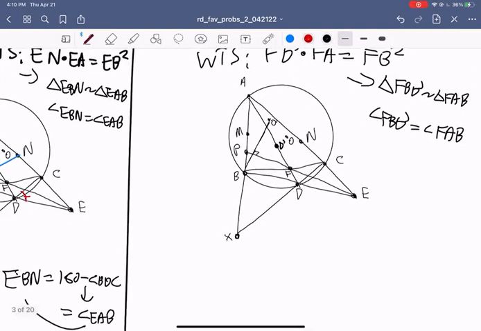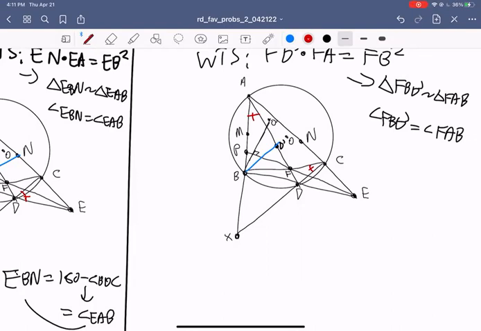And we can mark this angle like that. Actually, I think it would be easier to work from this first. Because ABCD is cyclic, the angles BAD and BCD are equal.